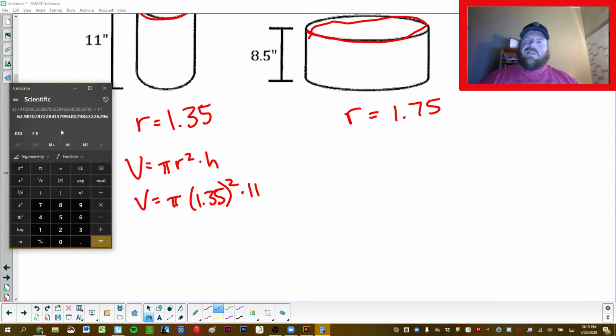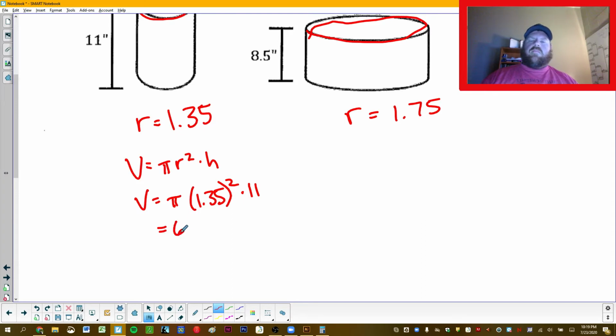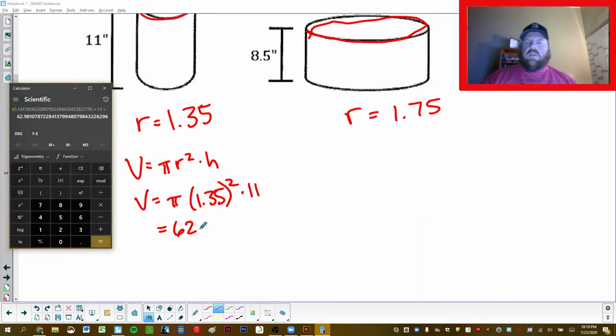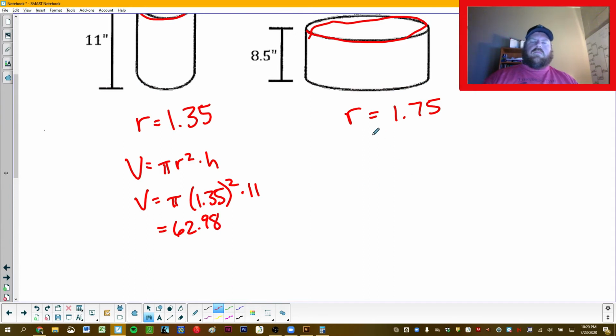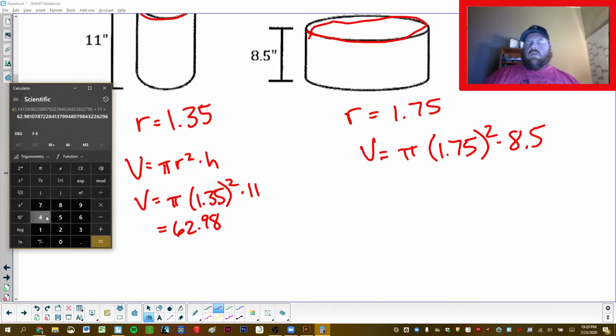So this one is 62.98. For this one, I'm going to have pi times 1.75 squared times 8.5, and this one is 81.78.